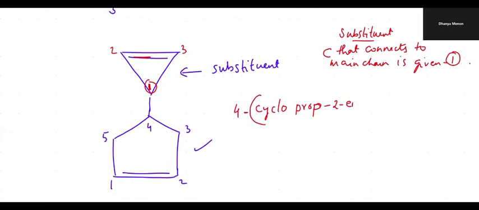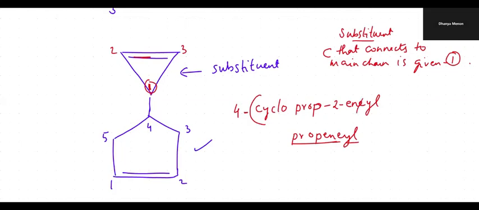So it's like propenyl group. Propene for the double bond, and yl because one hydrogen has been removed from this connecting carbon. So here, propene, I am removing this e because e and y are coming together.